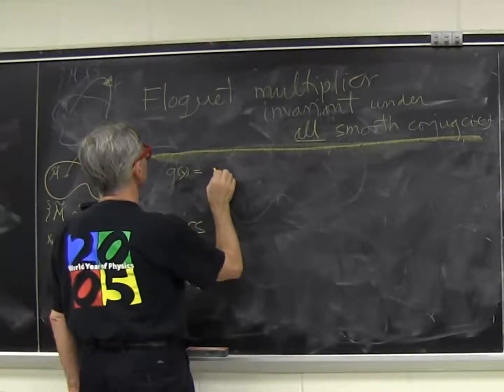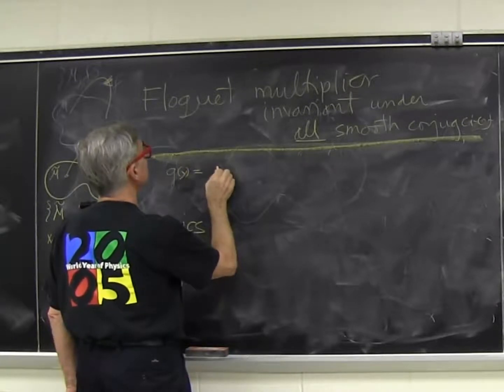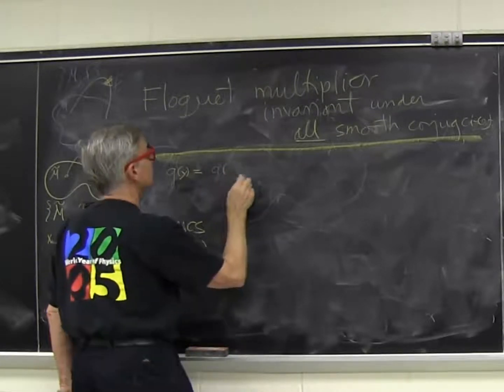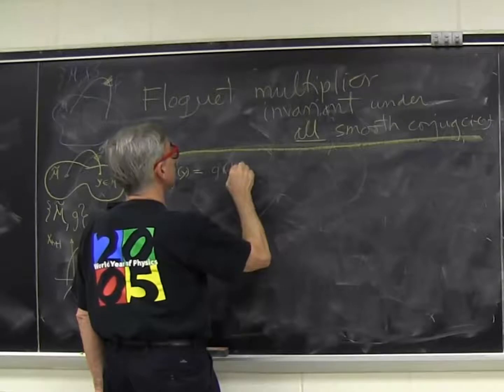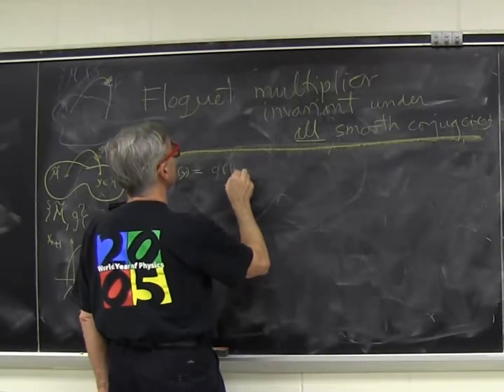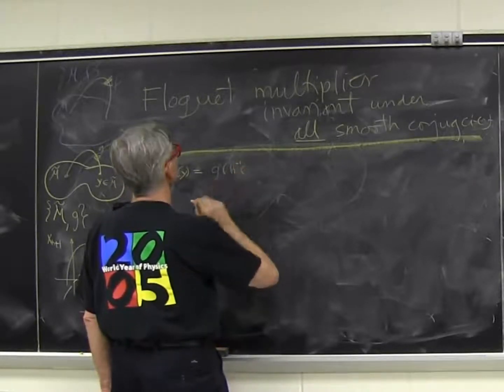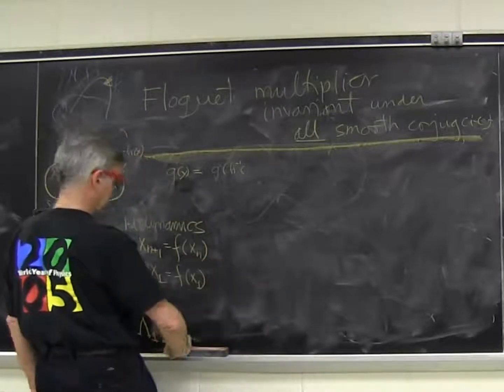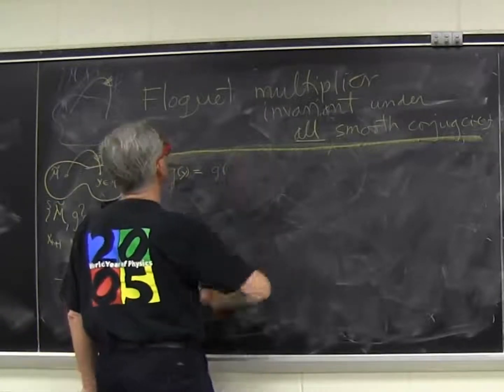That means that I want to look at G of H, minus 1, no, actually, H of X.